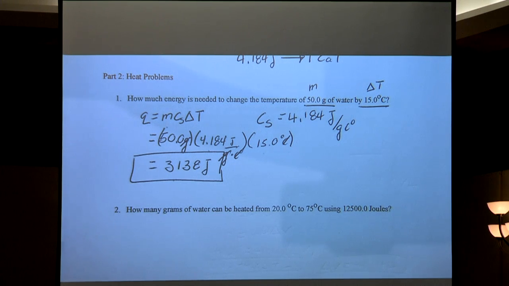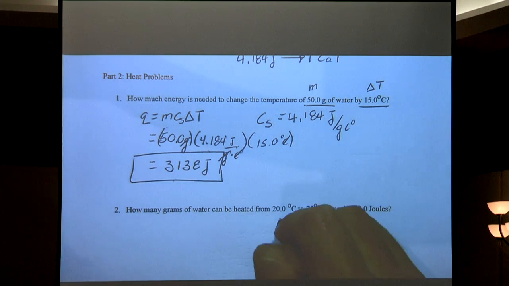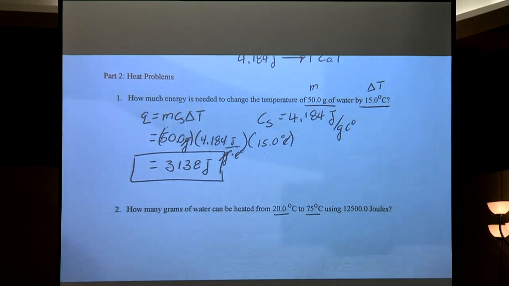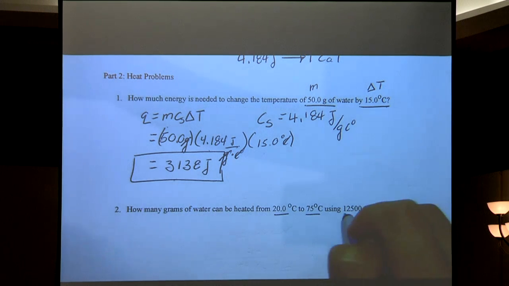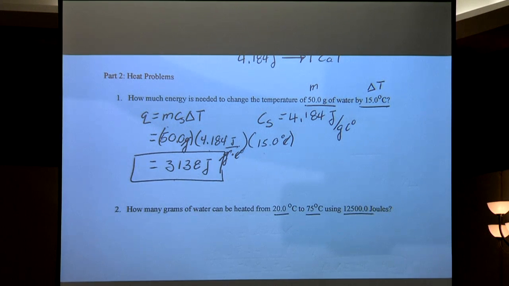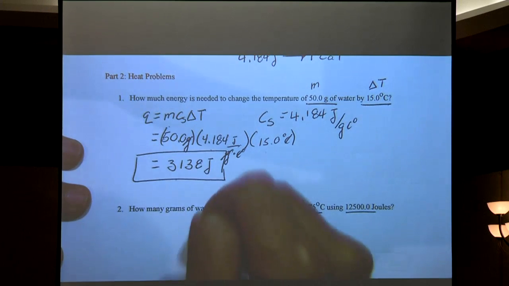Okay. Let's keep going. How many grams of water can be heated from 20 degrees Celsius to 75 degrees Celsius using that amount of energy? Okay? So, what am I looking for? Mass. Awesome.